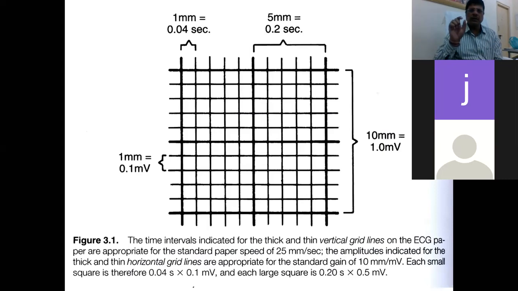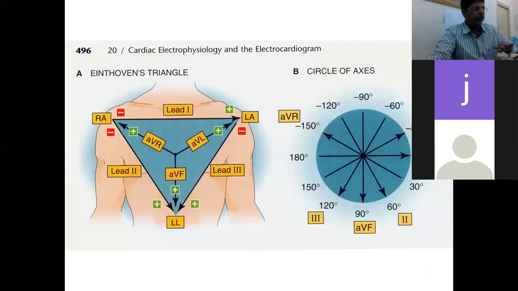Every small box is 0.04 seconds, and every big box is 0.2 seconds. And in the vertical axis, it is voltage. Every small box is 0.1 millivolts, and every two big boxes, that is a distance of 10 millimeters, is equal to 1 millivolt, right?